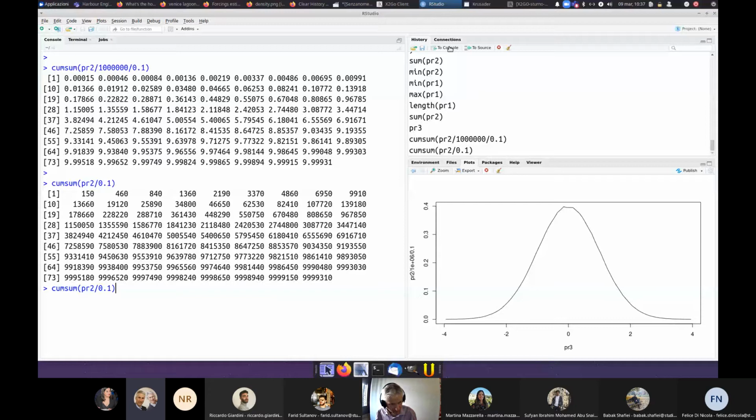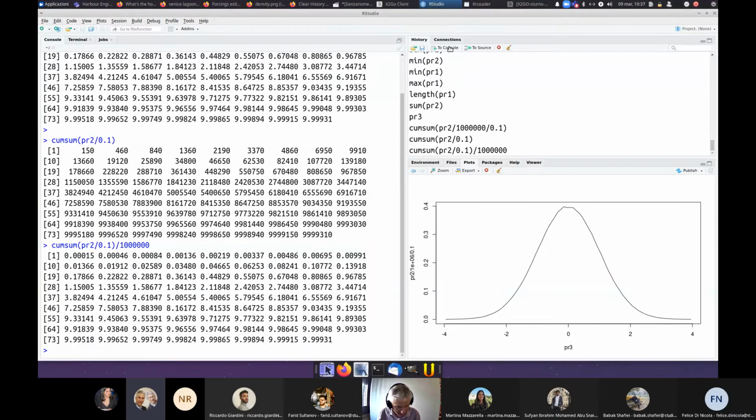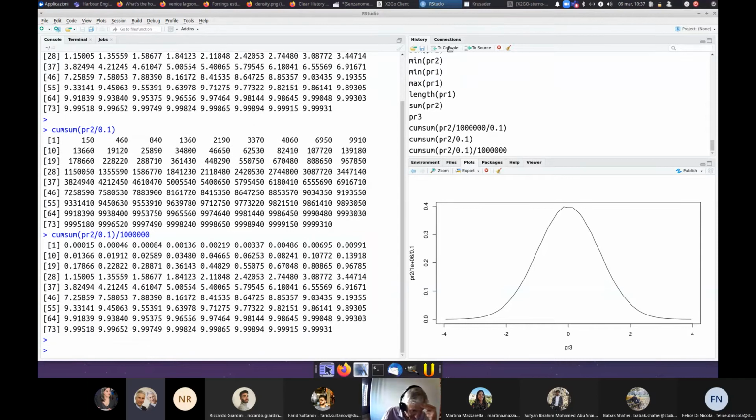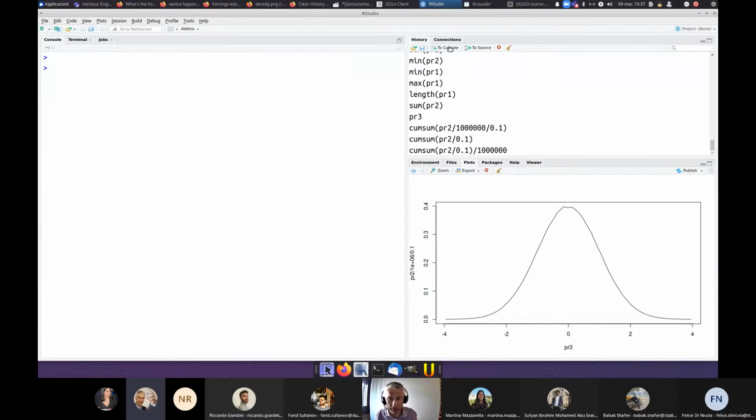And let me put here again 10. So there is something that I am missing, and which is just related to the cumulative sum, and I think it is a trivial mistake, but anyway, let's do one thing, because I want to move forward with the lectures, and then in the break I will resolve the problem.